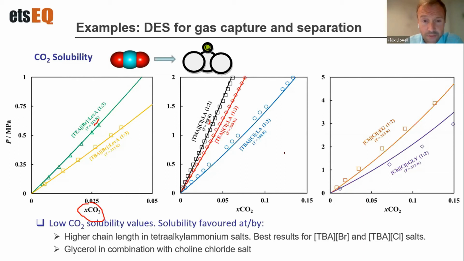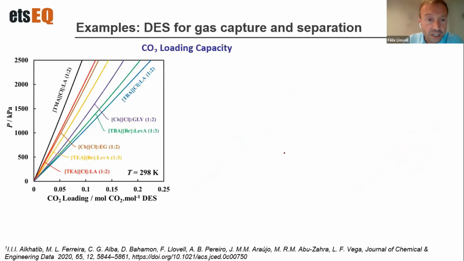Now, once we have the fitted model, we go to, for instance, a working temperature of 25 Celsius, which can be used in our absorption column. And we compare the performance of all deep eutectic solvents. This is done using SAFT.